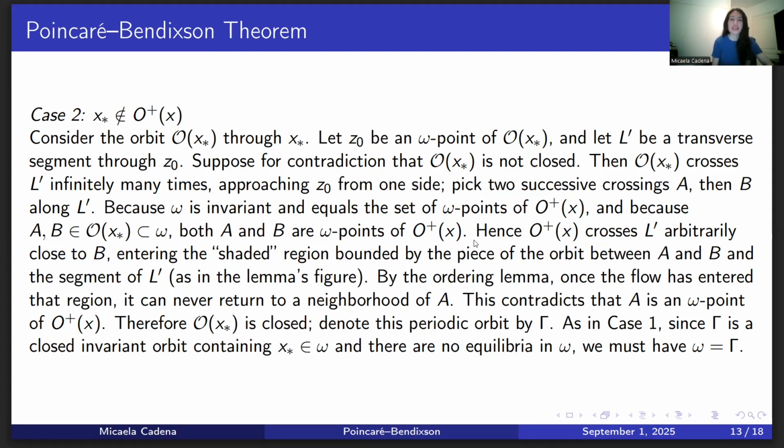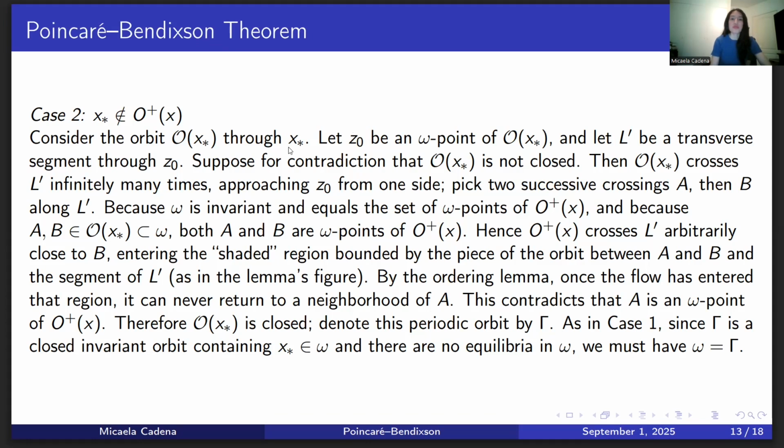Let Z0 be an omega limit set point of the full orbit through X star, and let L prime be a transverse segment through Z0. Let's clarify that this is a misuse of notation. I should have used maybe Z star, but with Z0, I don't mean to say that this is an initial condition. It's just a point in the omega limit set.